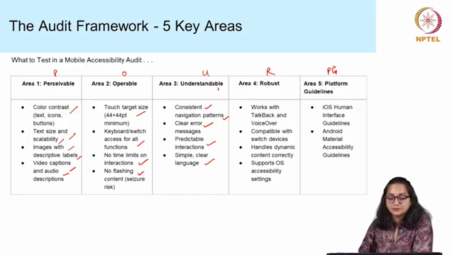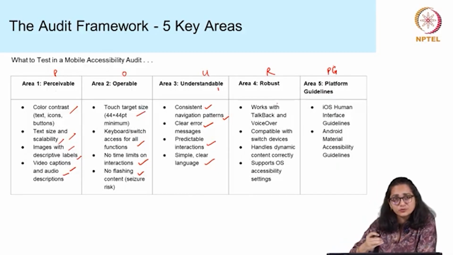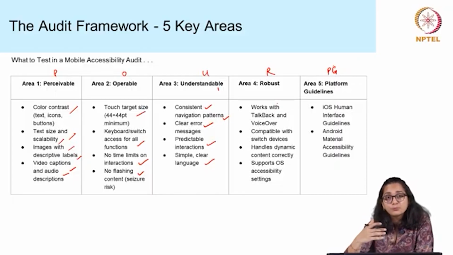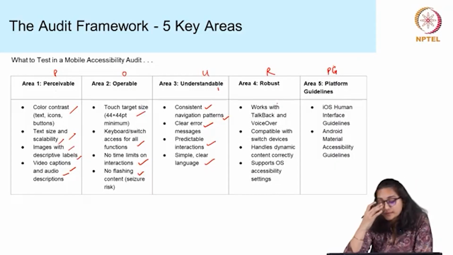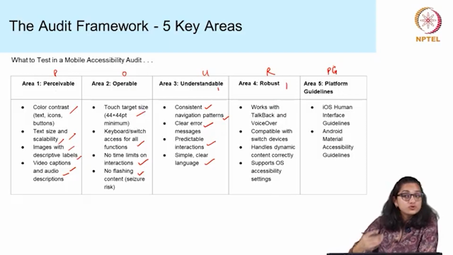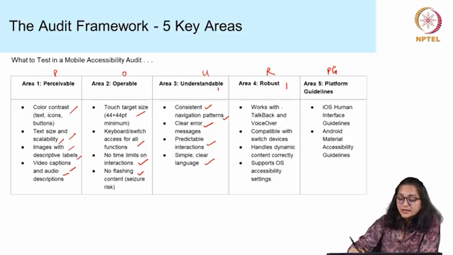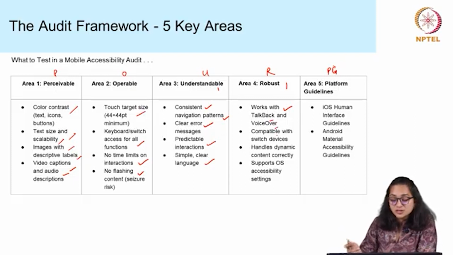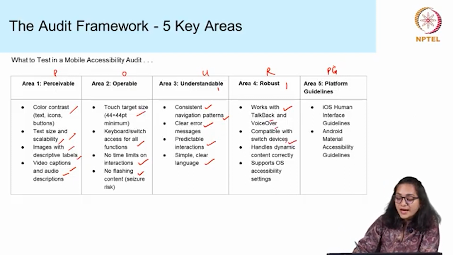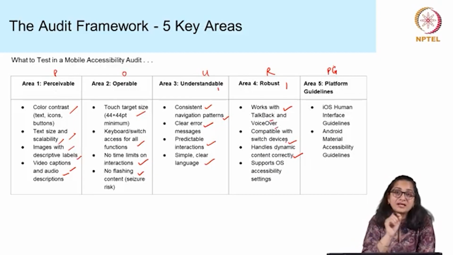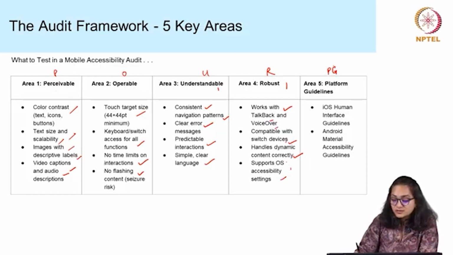This is quite useful if you are doing mobile app development, for example. Then we have to check for robustness, which is R. Whether it works with your screen readers, TalkBack, VoiceOver, is it compatible with other switching devices, does it handle dynamic content correctly, whether it supports OS level accessibility settings or not.